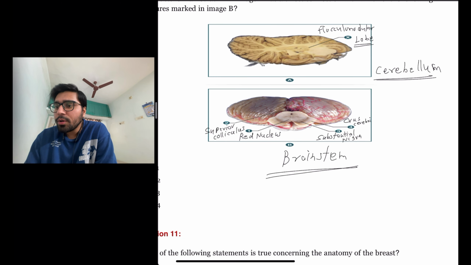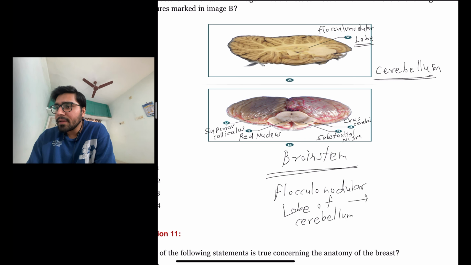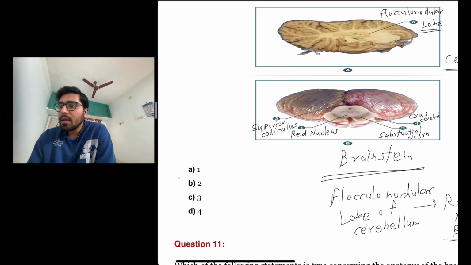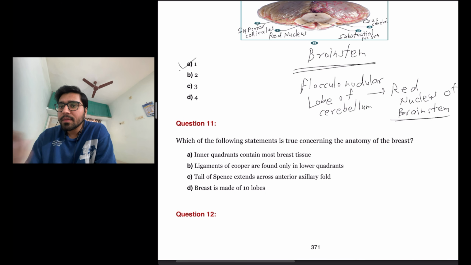So the flocculonodular lobe of cerebellum is connecting the red nucleus of brainstem. So the answer here is marked structure label number 1. This number 1 is the connection.